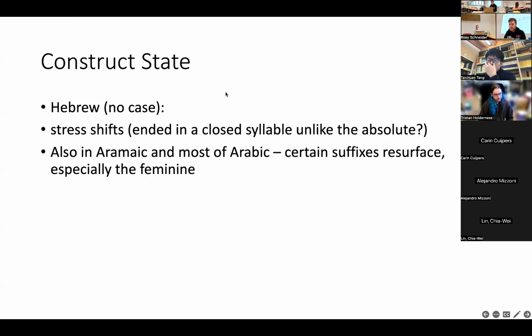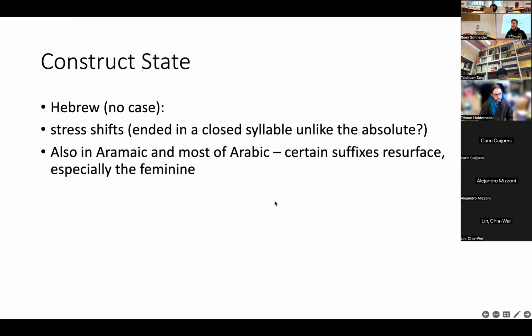In modern Hebrew, it's a little bit more complicated. And the last thing is that also in Aramaic and in most dialects of Arabic, certain suffixes resurface in the construct state. The feminine suffix is the most prominent example of this. So in Hebrew, the feminine suffix is just usually a.